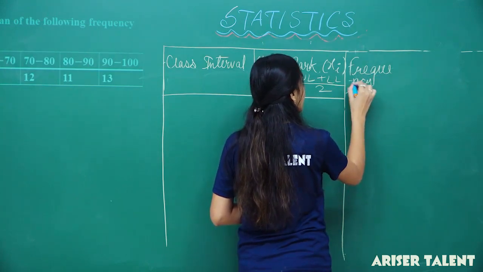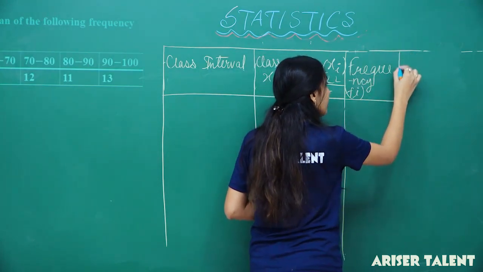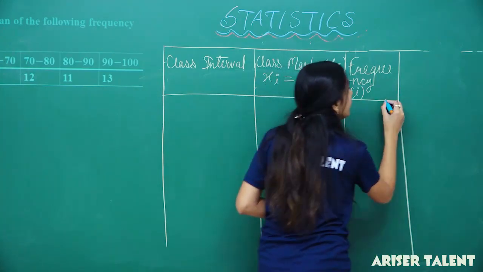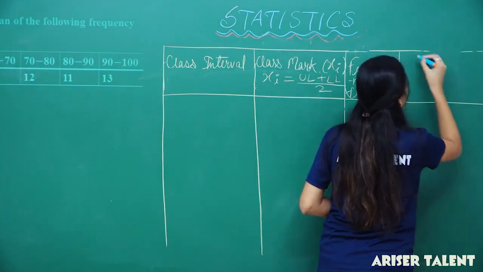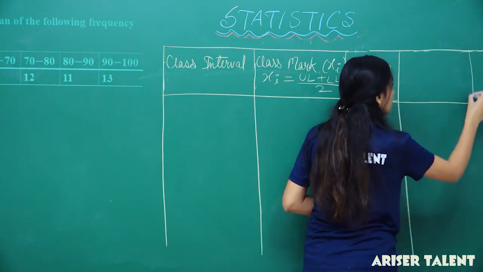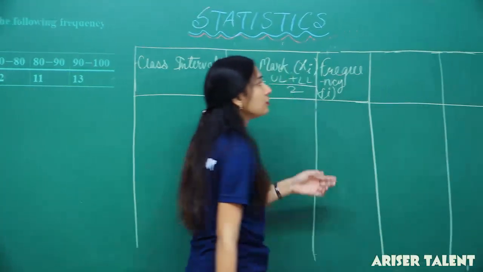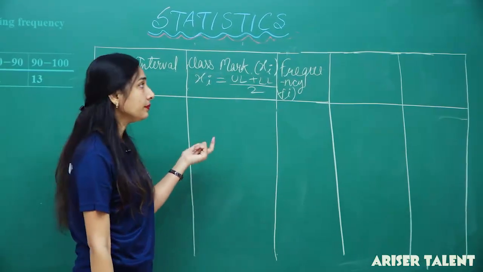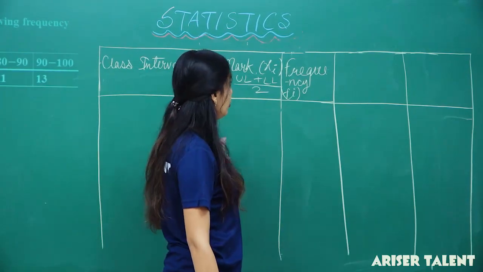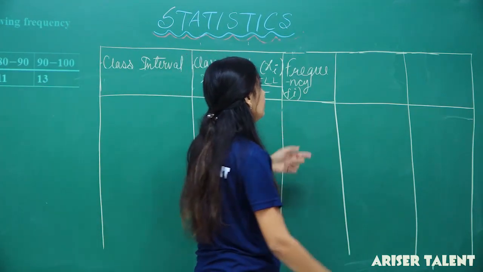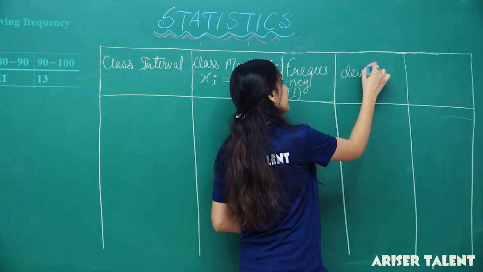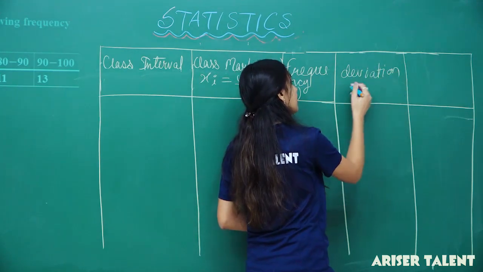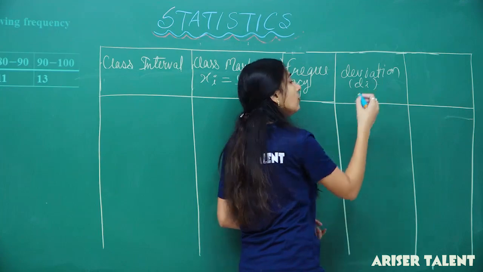Then there will be 2 more columns. In the first one we will have the deviation, that is di. Now what is di?